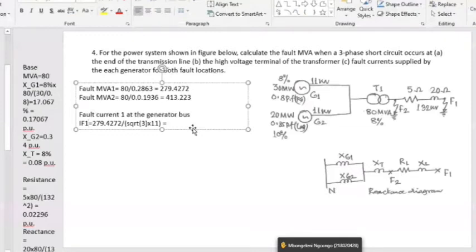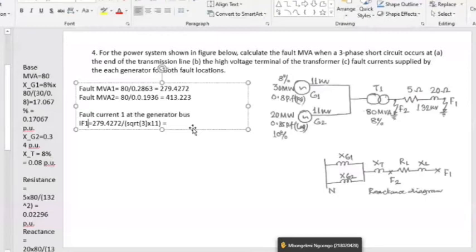Who is responding fast? So the fault current is 12. Can anyone verify that one?